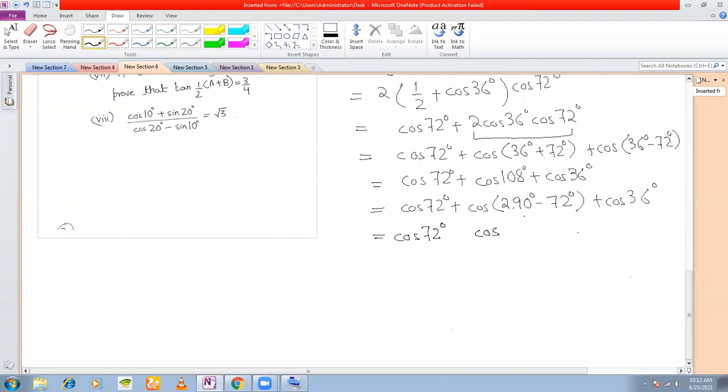And which quadrant is this in? Second quadrant, in which cos is negative. So we give a negative sign. Yes. So these two cancel. So you simply get cos 36 degree, and which is equal to your right hand side. That's it. Fine.